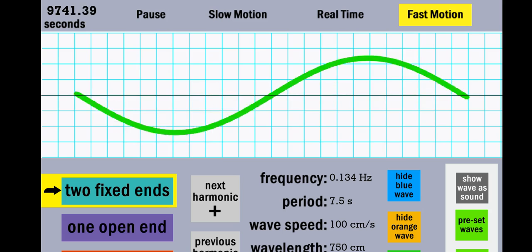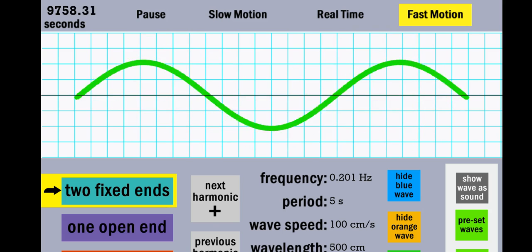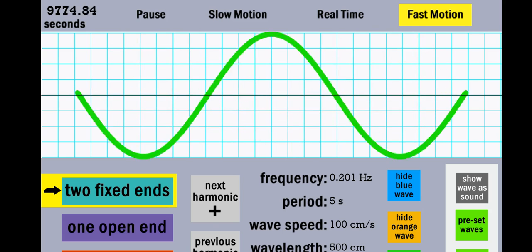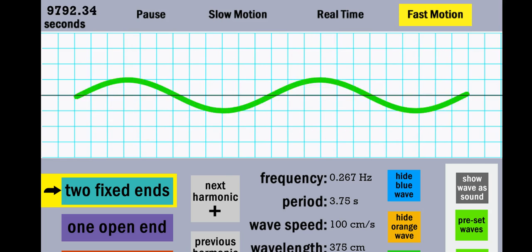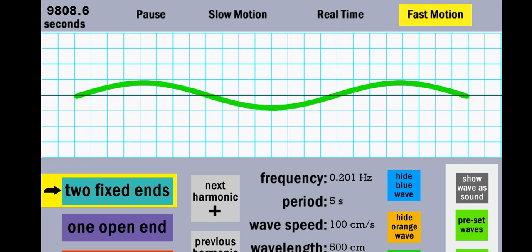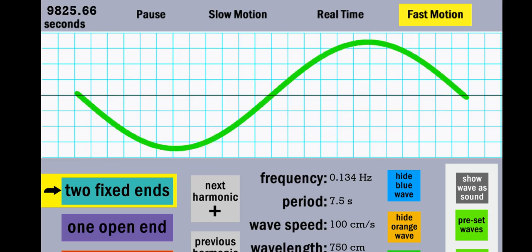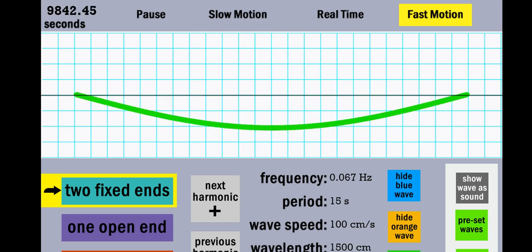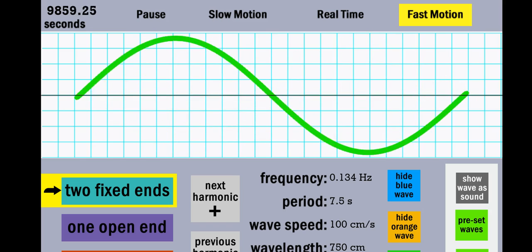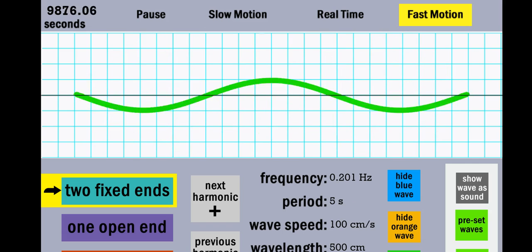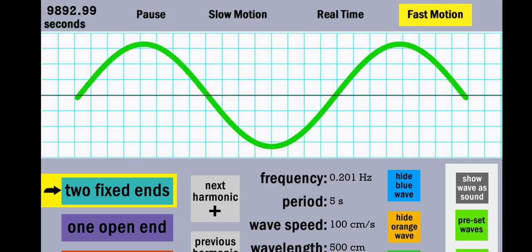That would be the second harmonic, and then the third harmonic, and the fourth. And so hopefully you're seeing the pattern here, that basically the first harmonic has one big segment, the second harmonic has two segments, the third harmonic has three segments.